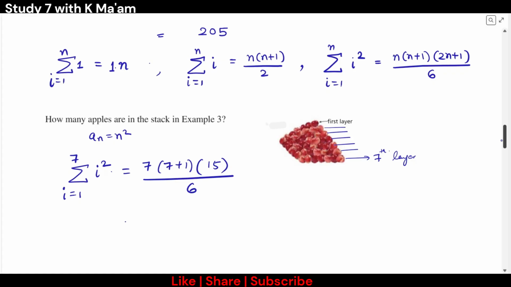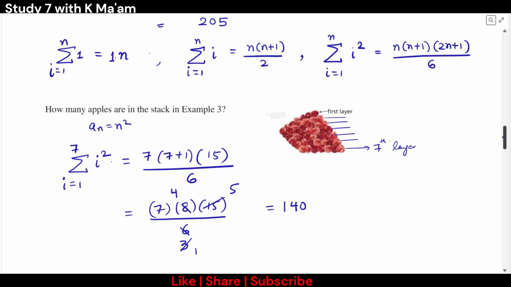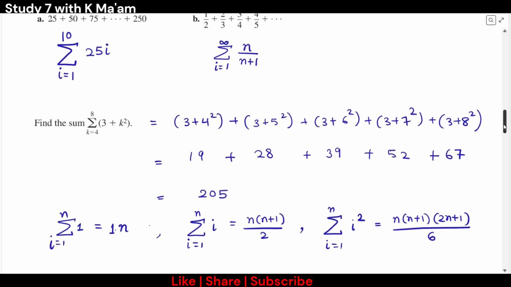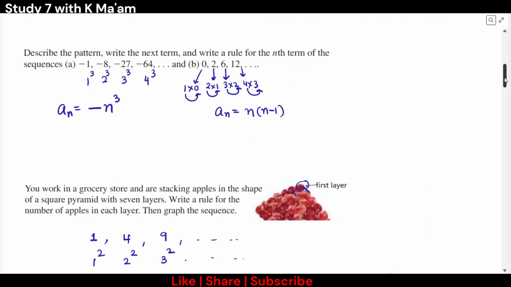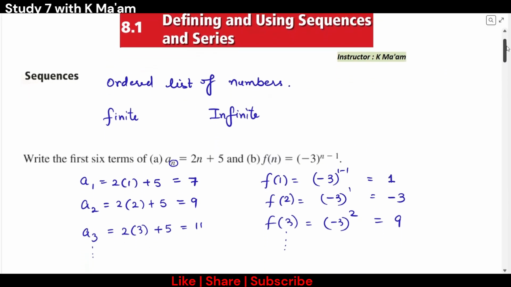So solve it. 7 times 8 times 15 over 6. 2 3s are 6. 2 4s are 8. 3 1s are 3. 3 5s are 15. 5 4s are 20. 20 into 7, 140. So I'm getting 140 apples here. So we are done with 8.1. I hope you understand. Thanks for watching.